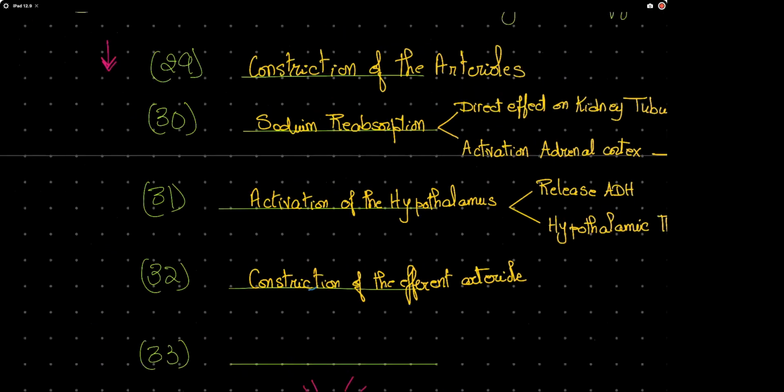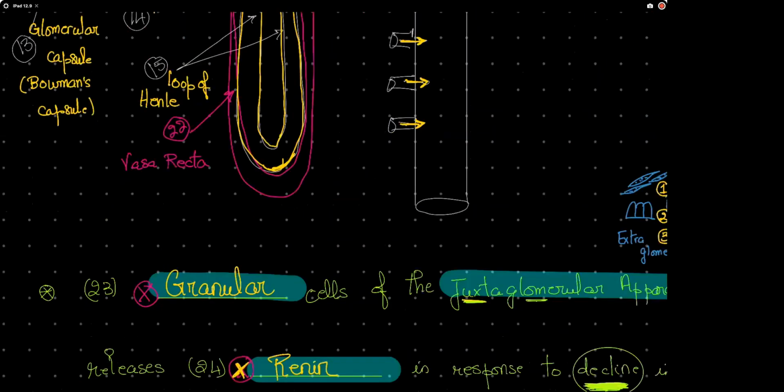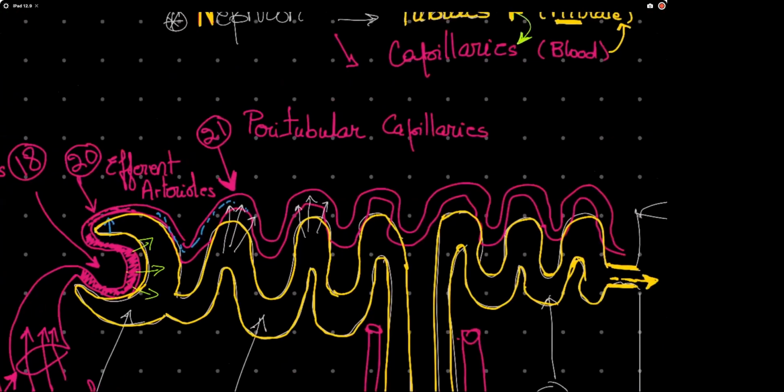If you remember, where was the efferent arteriole? It was draining the blood out of the glomerulus. So when I constrict the efferent arteriole, what's going to happen?